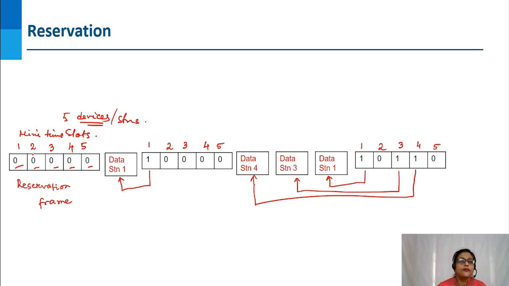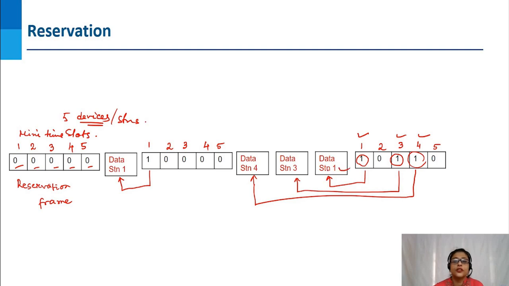So since there are 5 devices, we have 1, 2, 3, 4, 5 mini slots. Now we can see here in the beginning, device 1, device 3 and device 4 want to access the channel. So they have their mini slots set to 1. This means they want to access the channel and then they can send the data.